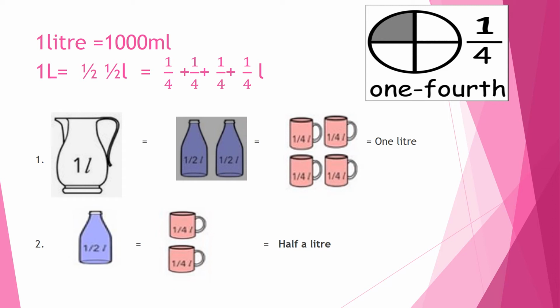Good. And what if you have to measure half a liter? How do you think you can measure it? Okay, you can just add 1/4 plus 1/4, which will give you half a liter.